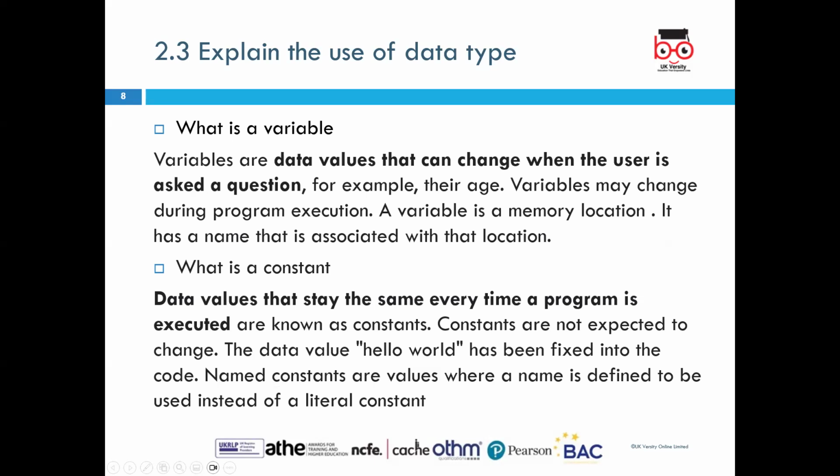For variables, we have to look at them as containers where we can store our data types. The reason why it is called a variable is because these values can change over time, while constants are fixed values. We have to declare this. Depending on the programming language, we will have a command which allows us to define our constant.